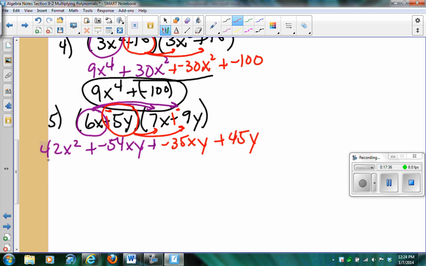I have my highest power of x first. I look and I have like terms, so I can add those together. I have 42x squared plus a negative 89xy plus 45y.